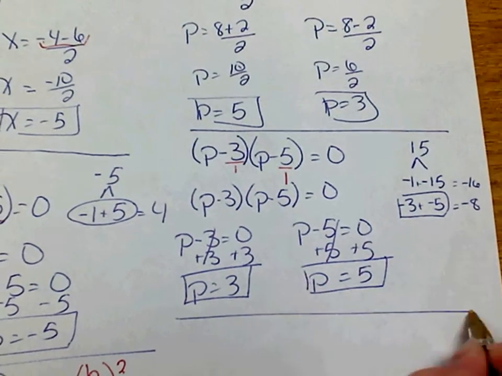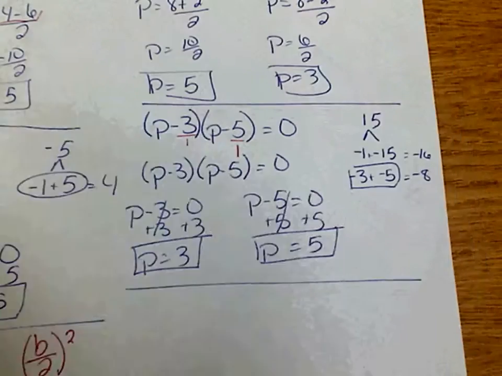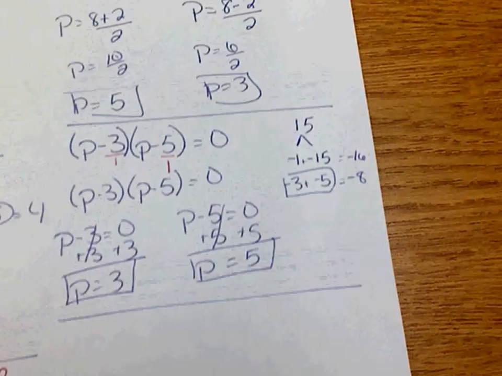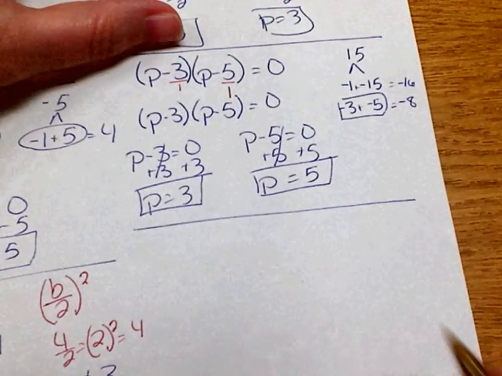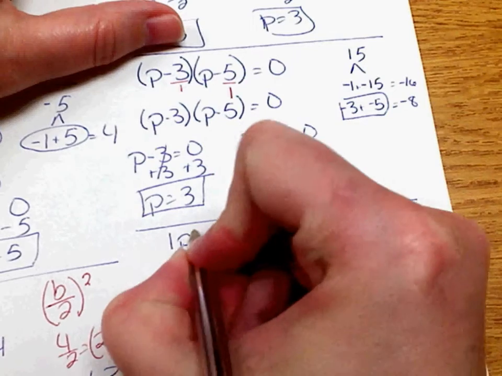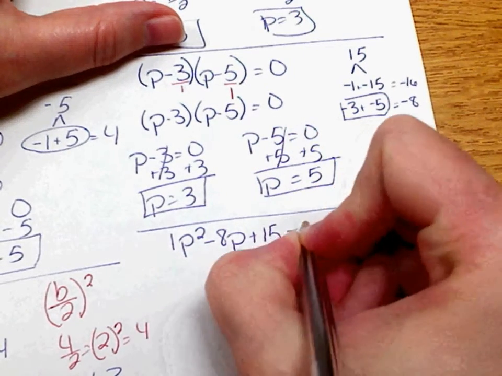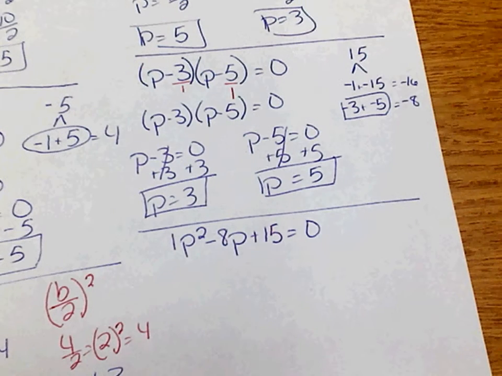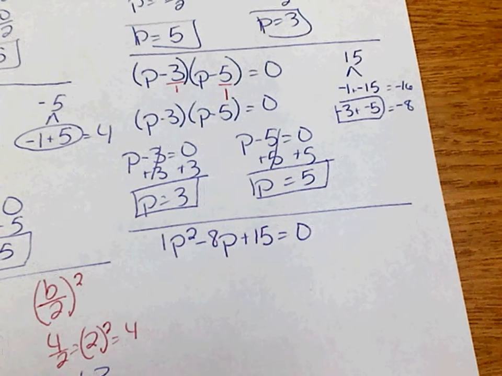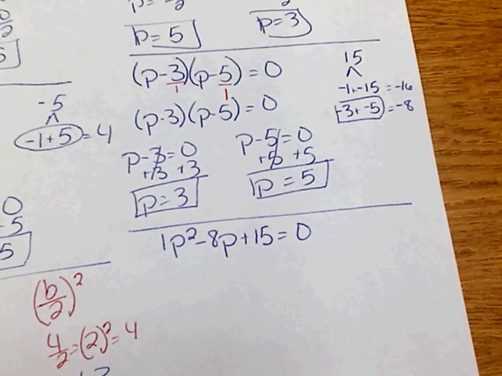So finally, we want to solve it by completing the square to ensure that all three methods work. Okay. So here we have this same quadratic again, and we want to complete the square.